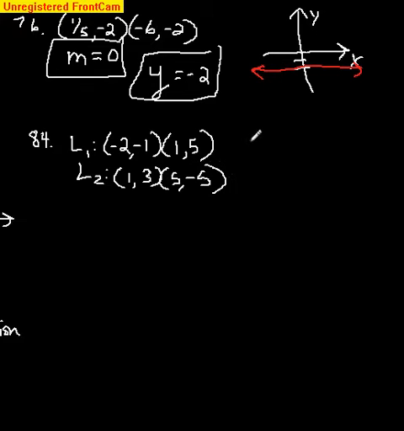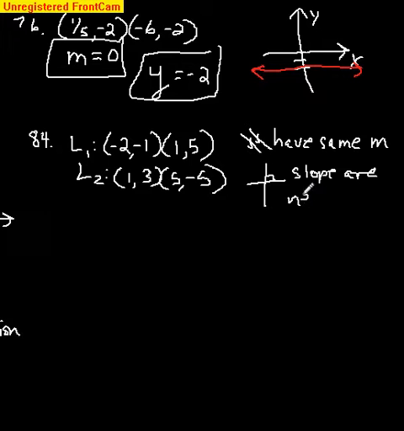Remember, parallel lines have the same slope. Perpendicular lines, slopes are negative reciprocals of one another.